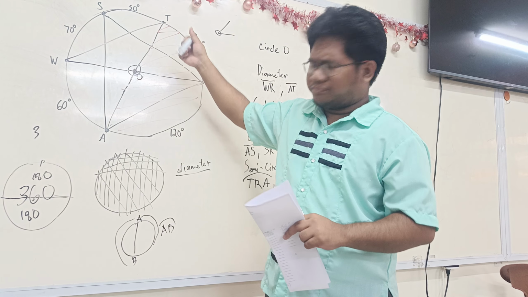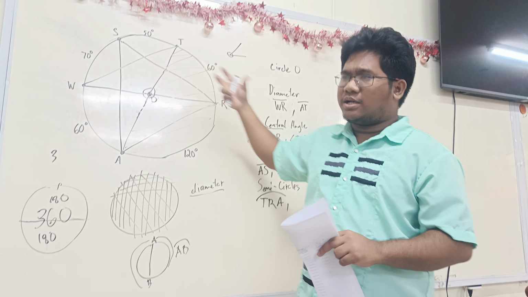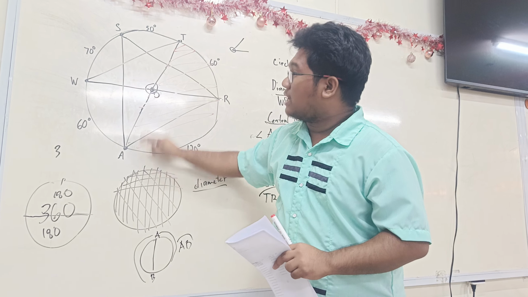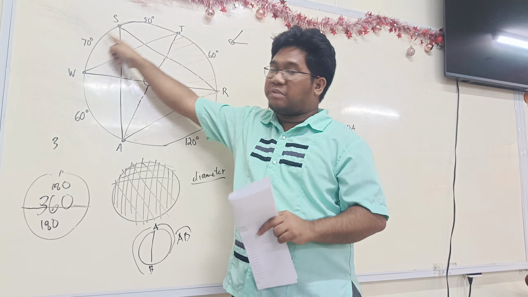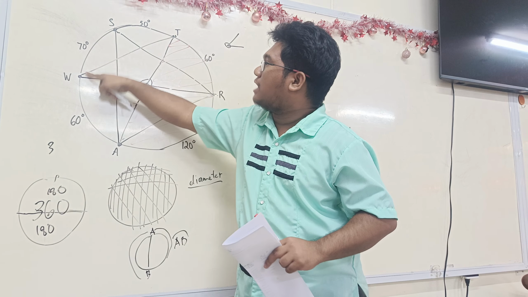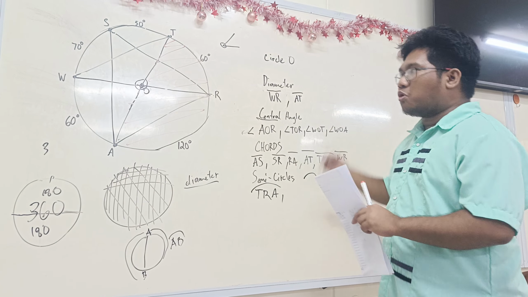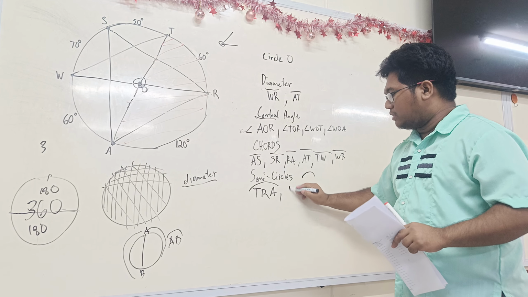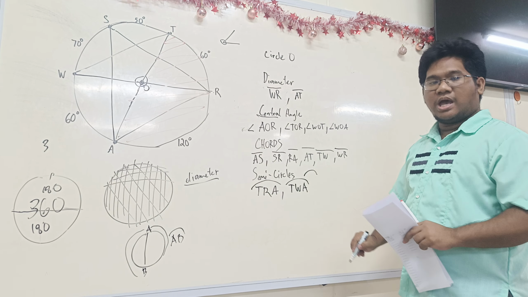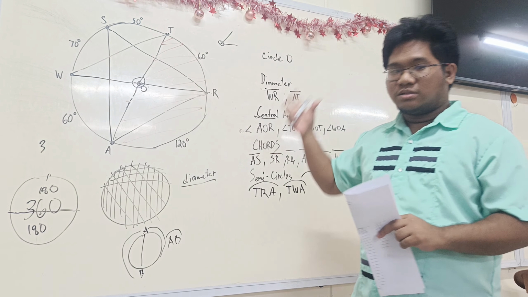So, another semicircle na meron tayo would be T papunta dito sa kabilang A pero dito. So, ibig sabihin, dito naman kayo pipili ng midpoint natin. So, ang dami nating letters. Pwede kayong mamili ng kahit dito sa dalawa. So, let's say, gusto ko ay W. So, I will have T, W, A. Okay? And then, meron pa tayong semicircle again.